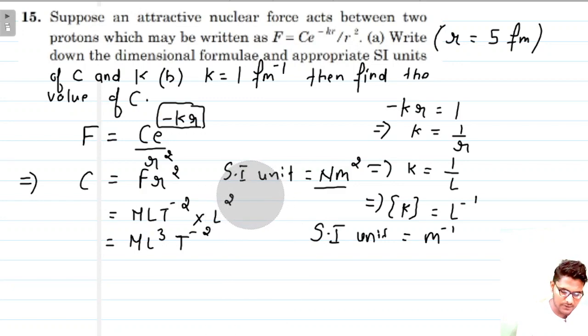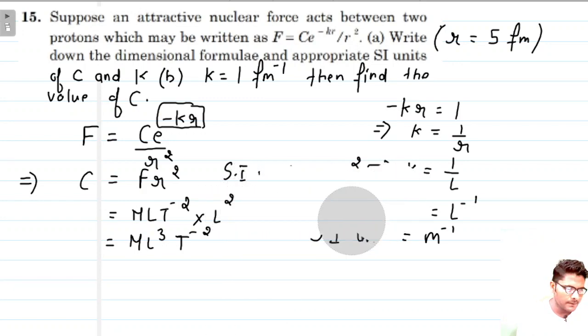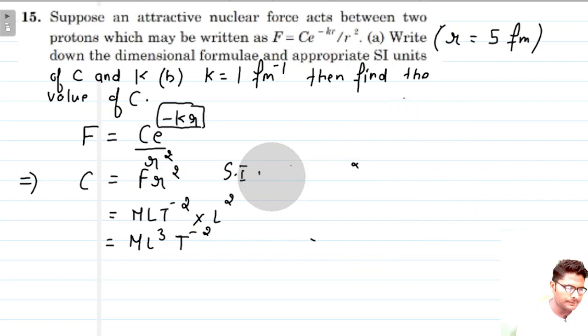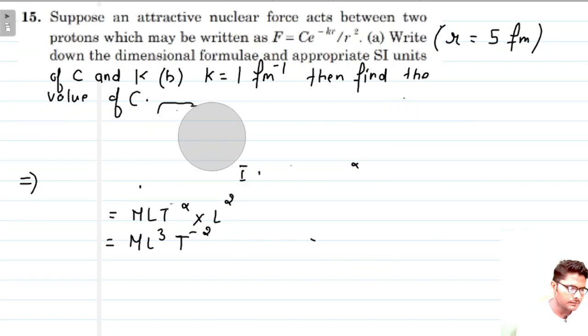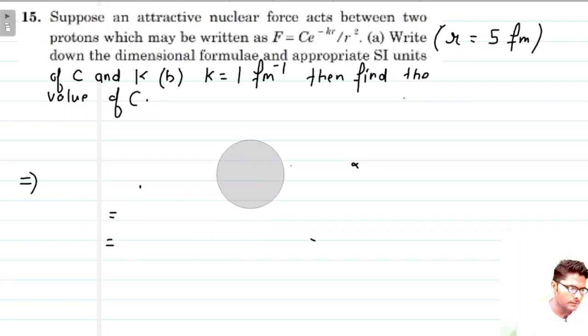So let us solve the second part of this question. For the second part, we have to find the value of C. We are told that the nuclear force is equal to the electrostatic force.